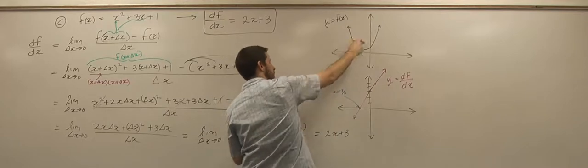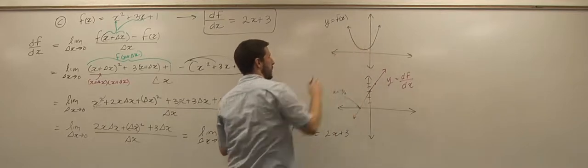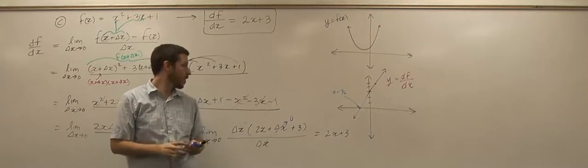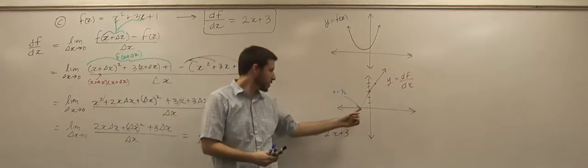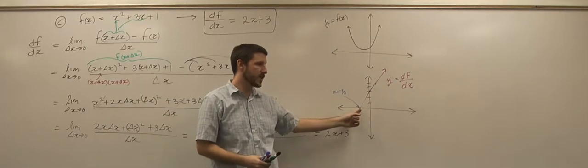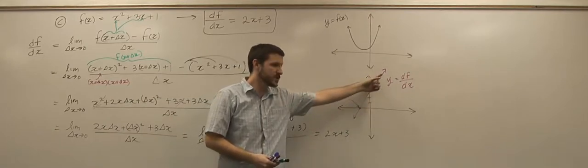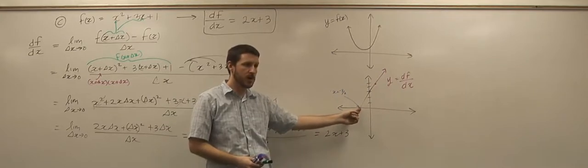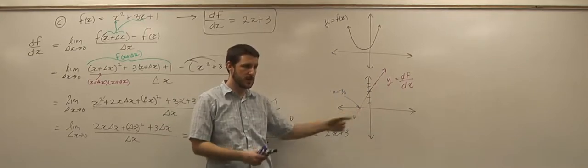What happens on the graph of the original function at that x value? One way to interpret it is that this is going to be a horizontal tangent line, since this represents the slope of your function, so you have to have slope 0 at x equals negative 3 halves.